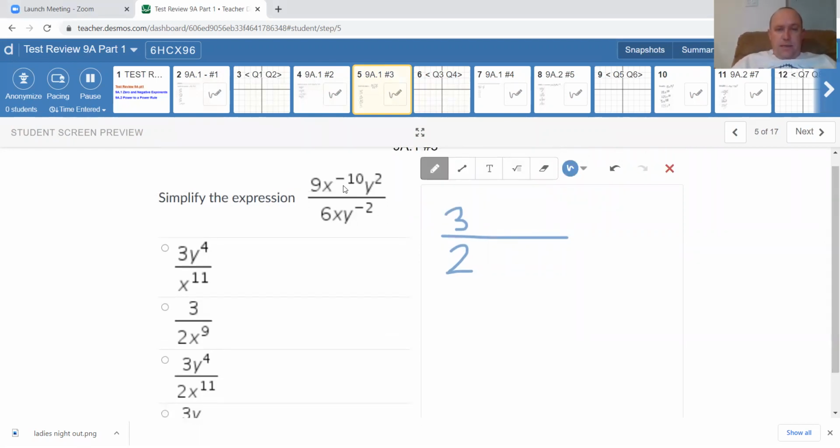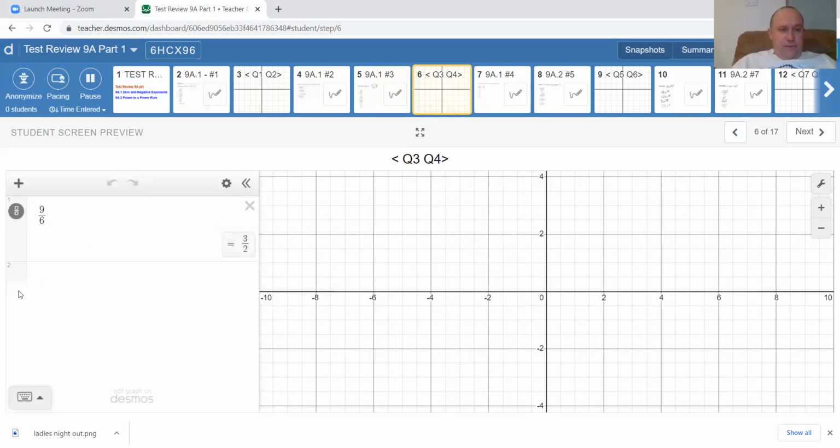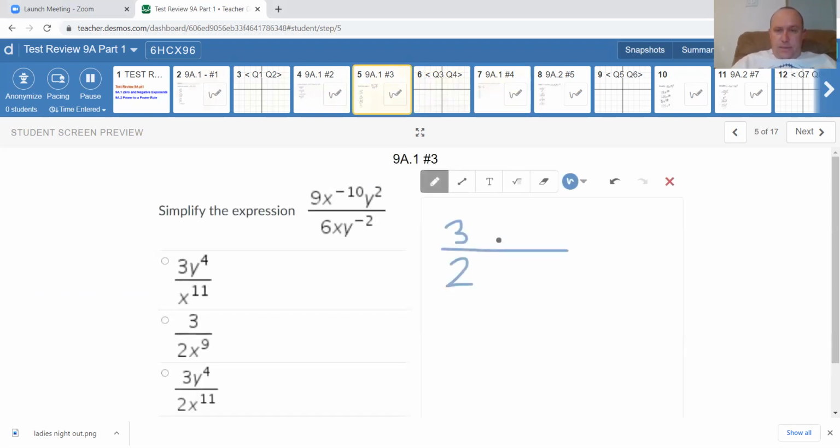For my exponents, I got x to the negative 10 and x to the 1. So as I'm dividing, I'm subtracting those. So I'm doing negative 10 take away 1, which is negative 11. So as I write that in, x to the power of negative 11.